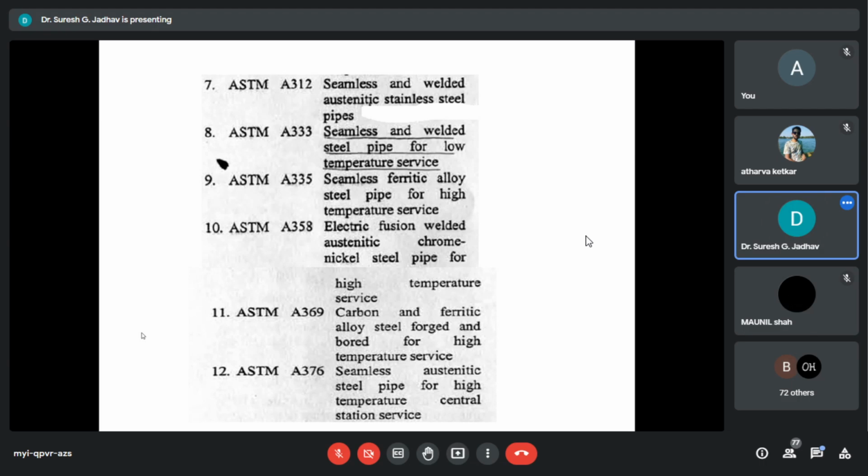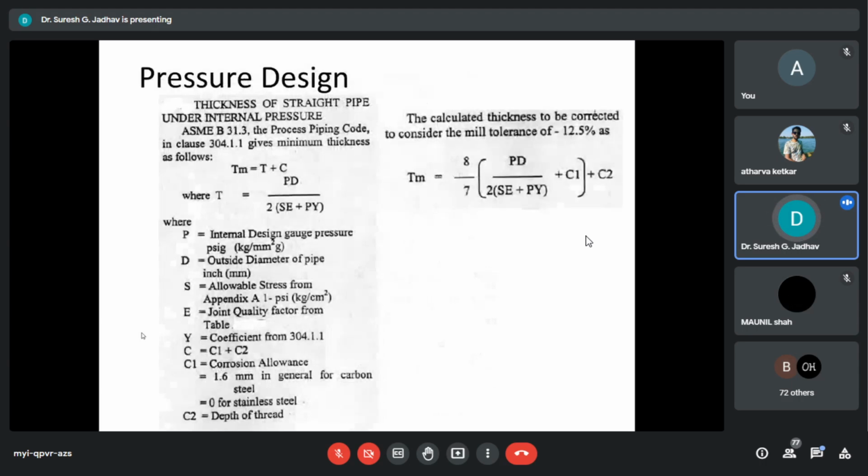So there is a large list of materials. You can refer to a piping handbook. Today I uploaded it in classwork. If you go through this, you will get all the standards, and you can see their properties, all materials as per ASTM A358 or A369 or A376.